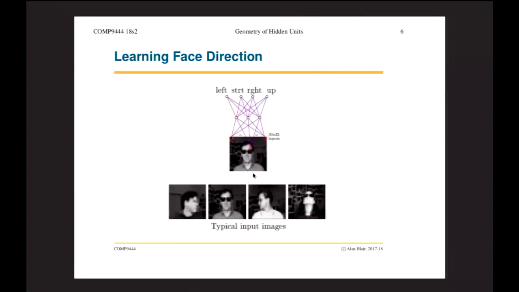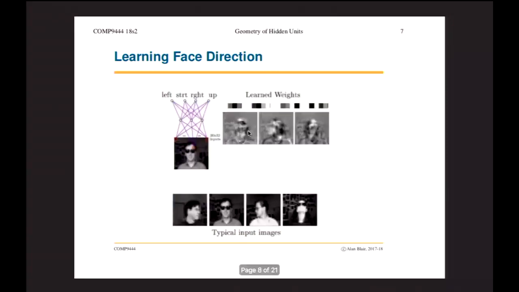These are very low resolution images, I think 32 by 32, with only 3 hidden nodes and then 4 outputs. So it's quite a simplistic network.